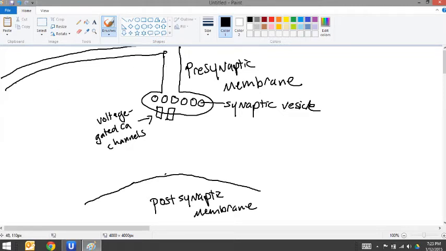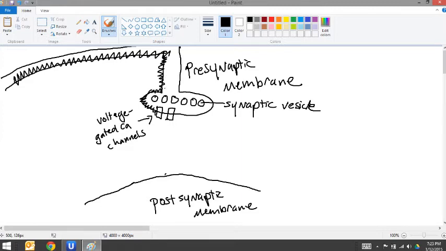So you have an action potential, it travels all the way up here, and then eventually it will reach these voltage-gated calcium channels. And when the action potential is traveling up here, it'll cause the inside of the cell to become more positive.